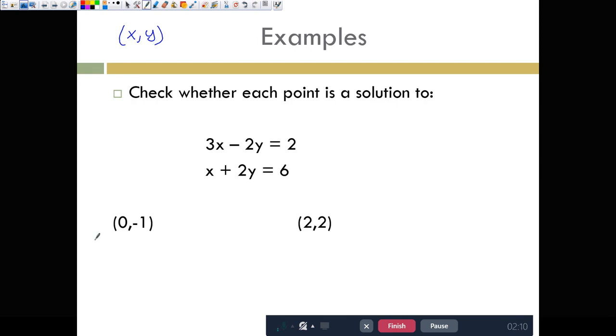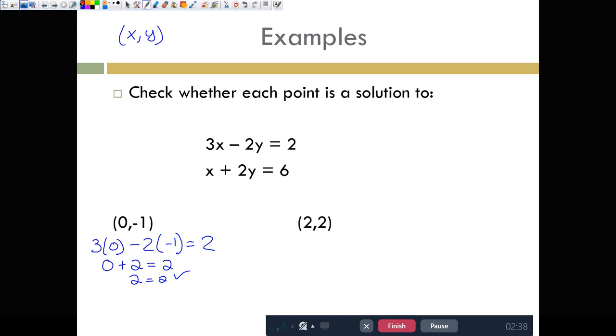So my first one here, I'm going to have 3 times 0, because that's an x value, minus 2 times negative 1 equals 2. So 3 times 0 is 0. Negative 2 times negative 1 is positive 2. And then 2 equals 2. So far, this seems like it's going to be a solution, but we have to check the other equation, okay?